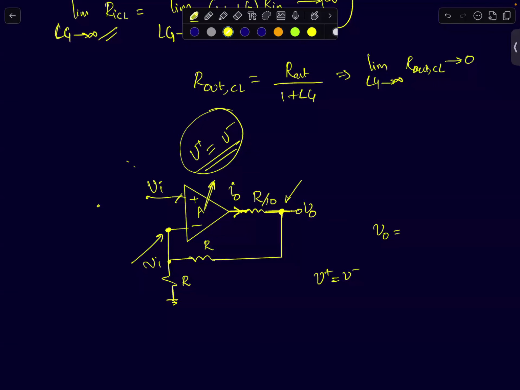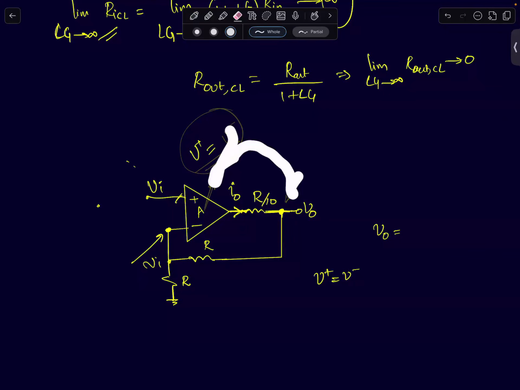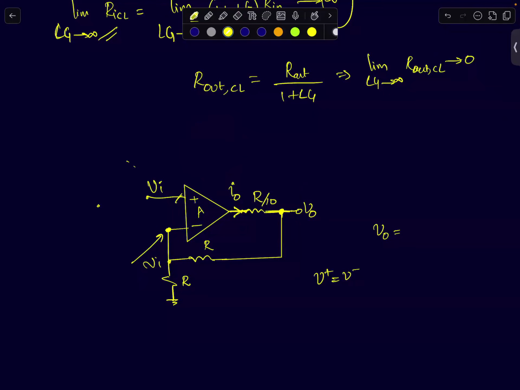So can you tell me now what will be V naught? Does this resistance have any role to play? Remember, I'm measuring the voltage at this point.